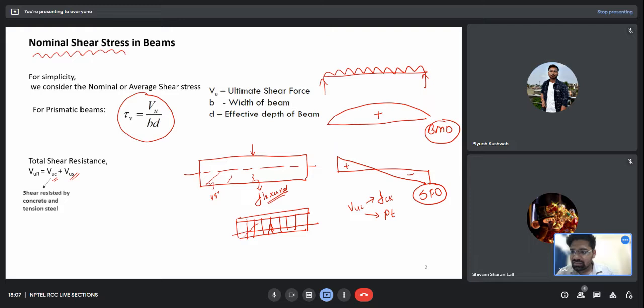What does it say next? VUC is shear resisted by concrete and the tensile steel, and that is the reason it depends upon fck and the percentage of steel.